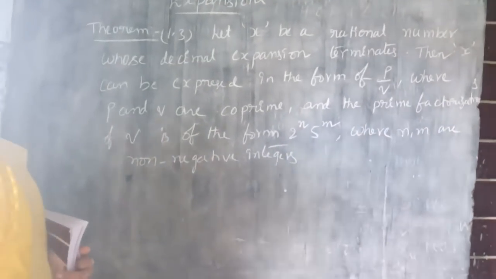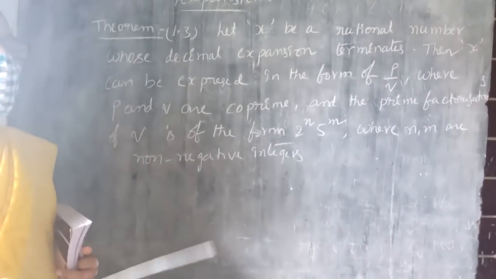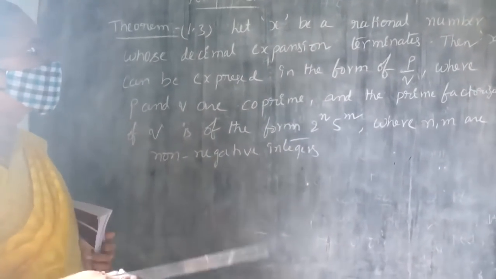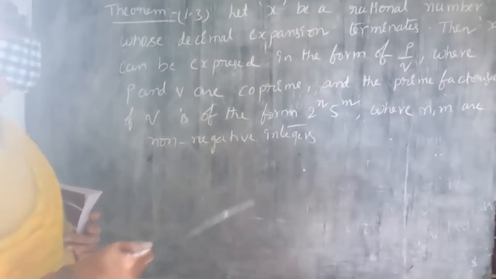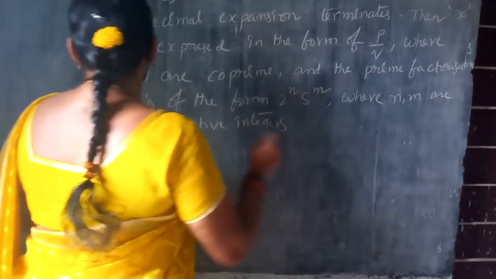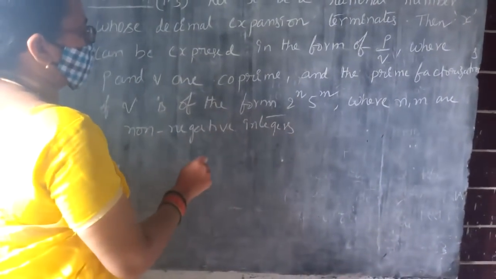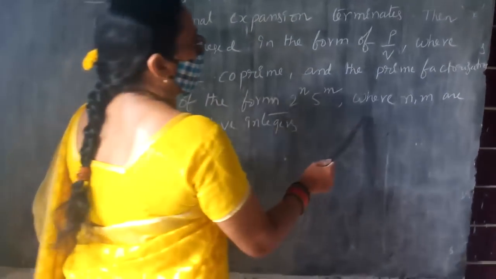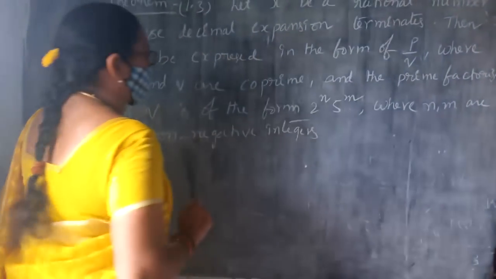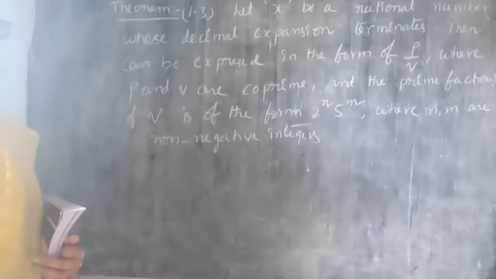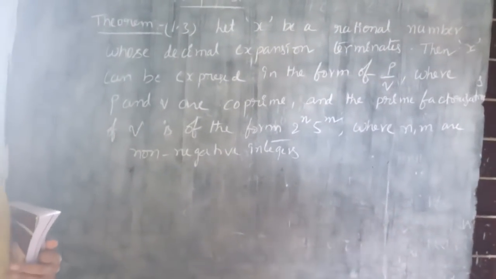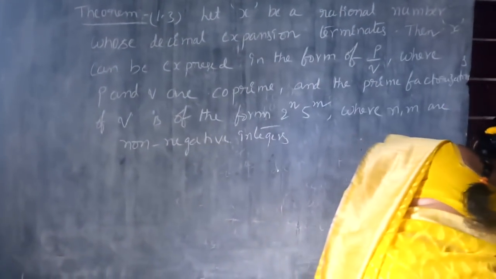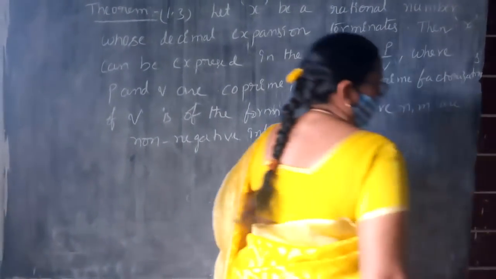Coprime means having only 1 as the common factor of those two numbers. And the prime factorization of q is of the form 2 power n, 5 power m, where n and m are non-negative integers.